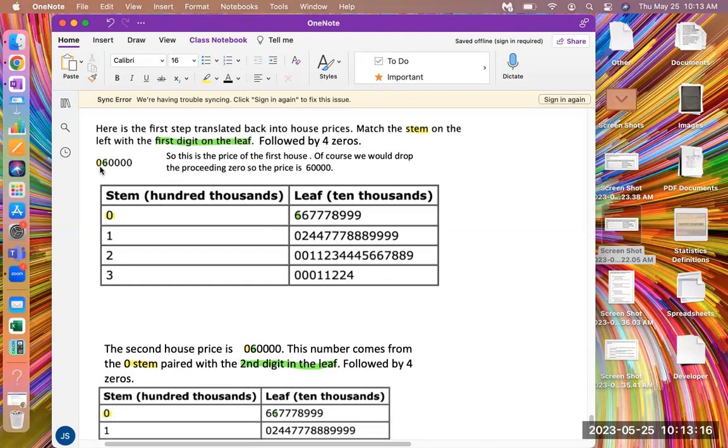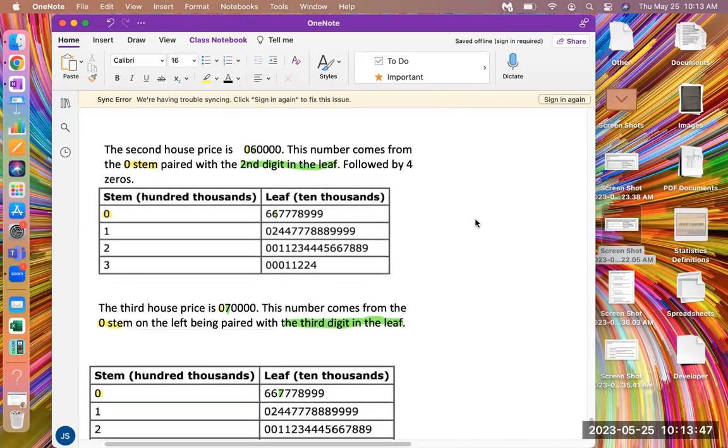You put those two together, and then you just add 4 zeros to that. That makes this 0, 6, 0, 0, 0, 0 number, which maybe doesn't look like a real number to us because it has a preceding 0, that yellow 0 really shouldn't be there, right? So we can just drop that off and it'll make the price 60,000. So the price of the first home is 60,000.